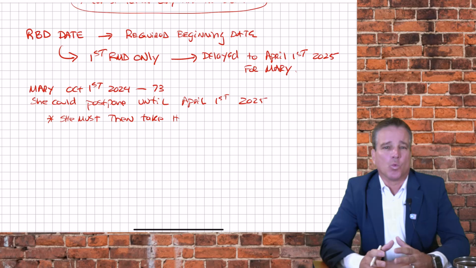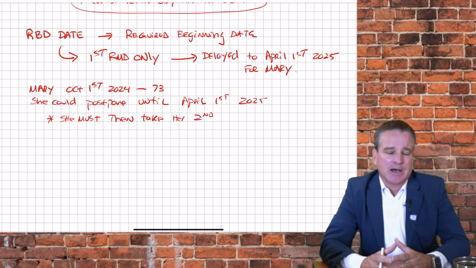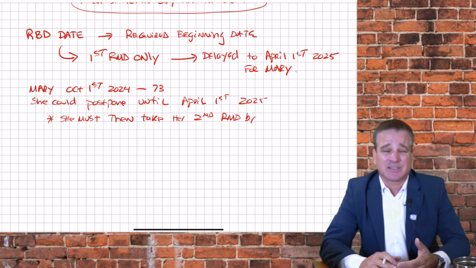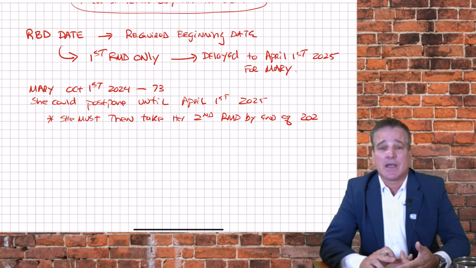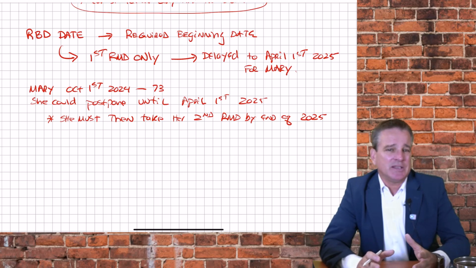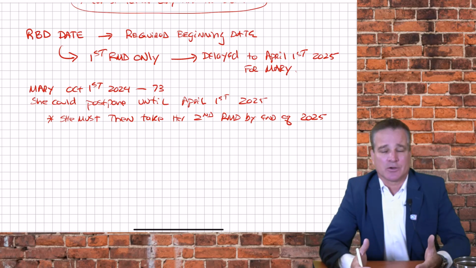Now, there are some work plan exceptions. There are no exceptions to the RBD rules for IRA accounts, and that includes SEP IRAs and SIMPLE IRAs. However, the RBD date is always April 1st of the year following the year the account owner reaches age 73. So there are some ways to delay RMDs on certain employer plans like 401ks.